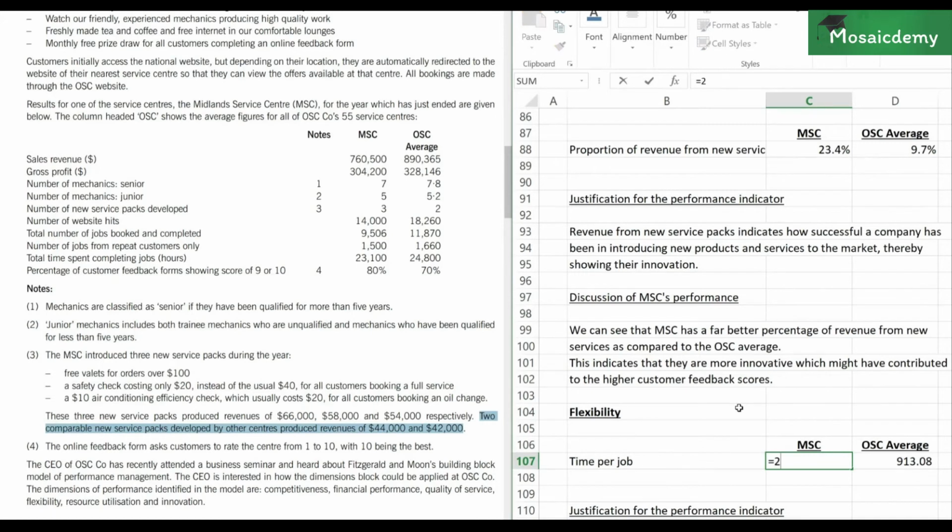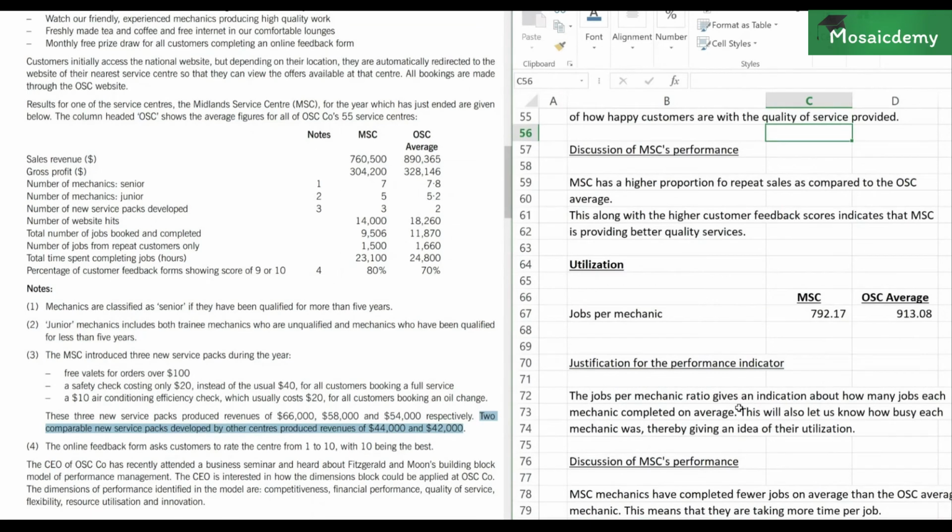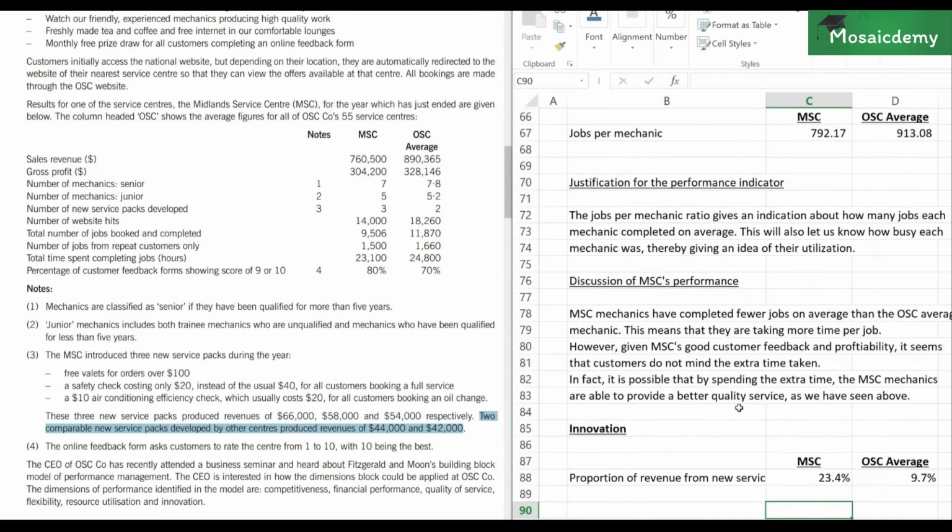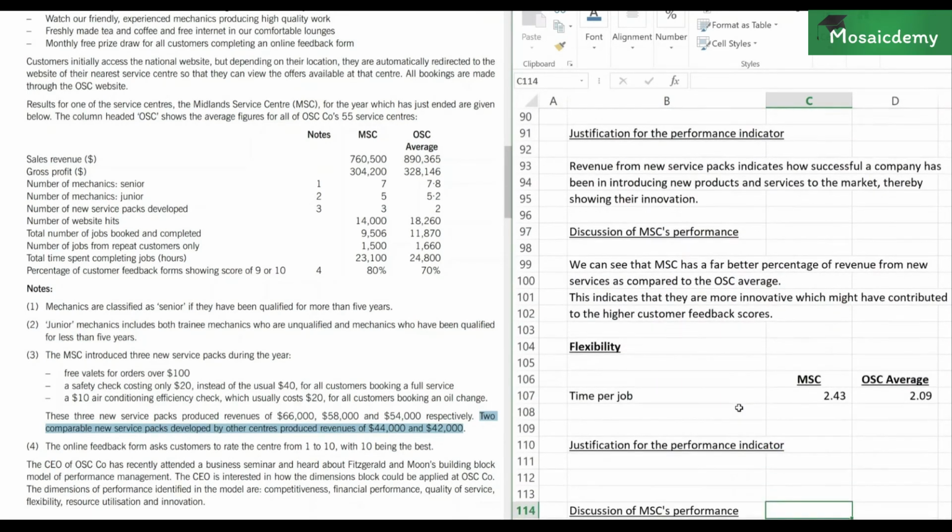So 23,100 over 9,506, so 2.43, and 24,800 for the OSC average over 11,870, so 2.09. So as we can see, like we mentioned above in the utilization one, they are taking more time per job. So we're just bringing it all together now, right?